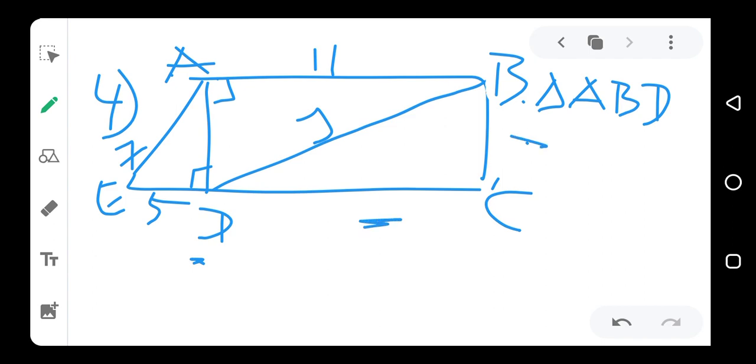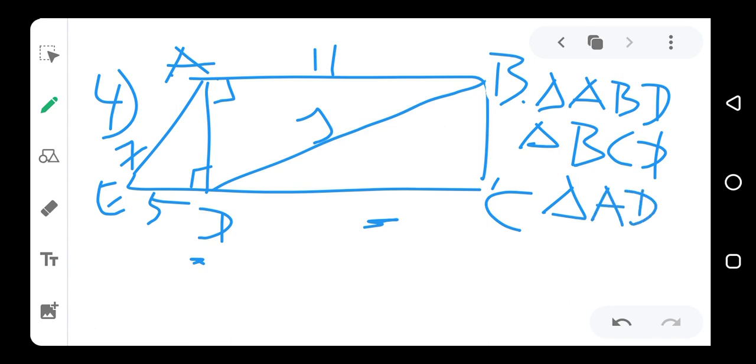This side is empty, so we can't use it to do anything, so we just ignore it, but it is a triangle BCD. Now you have triangle ADE. The ones that are relevant to us are triangle ABD and triangle ADE.